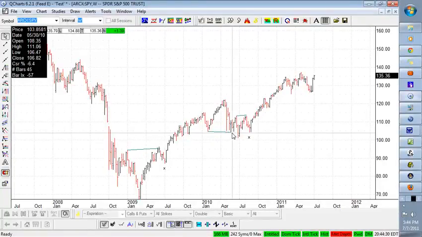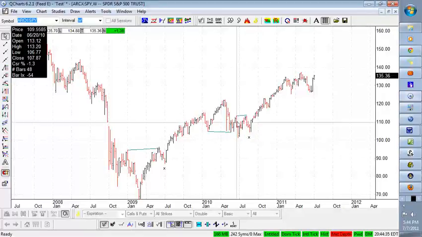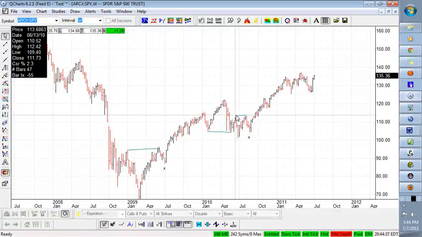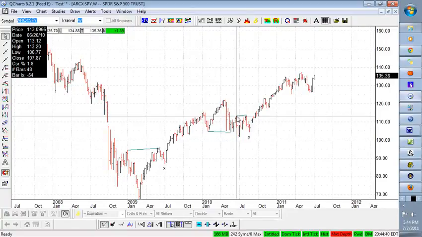Once again, this was your neckline on a regular one. When prices came down, Andrews people would not have been short here because there's no standard signal here that we use for this kind of pattern.